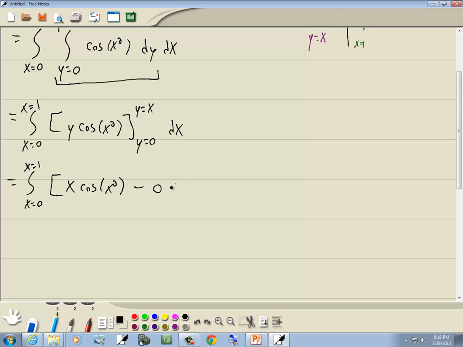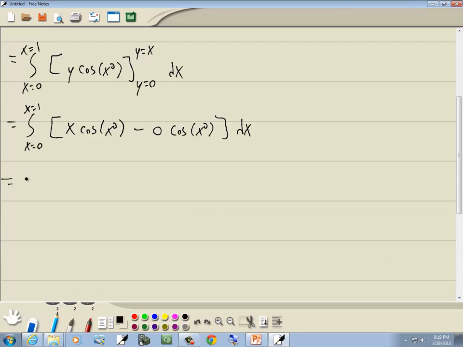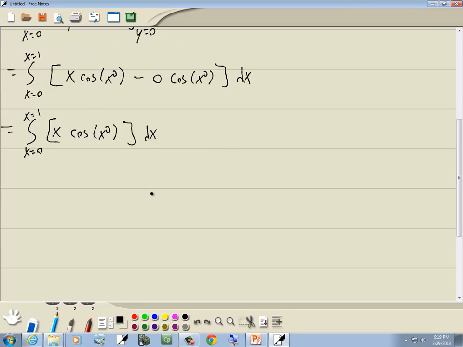So we've got 0 cosine x squared. Okay, well, 0 times cosine x squared drops away, so we're left with x times cosine x squared. And now our u-substitution works out very nice.